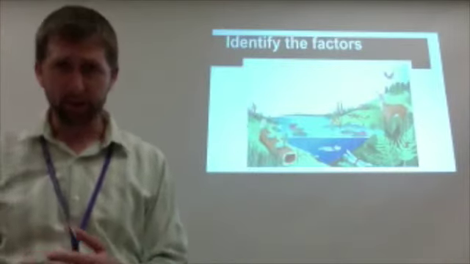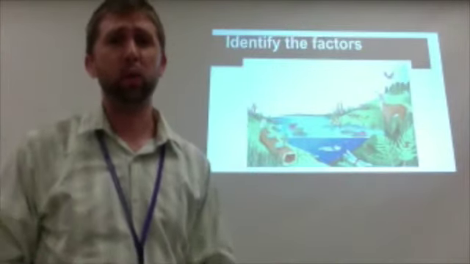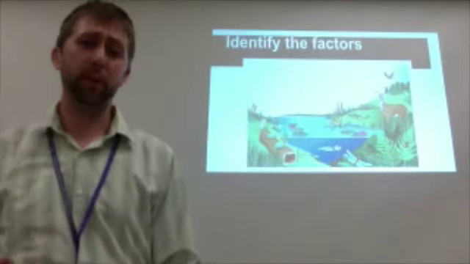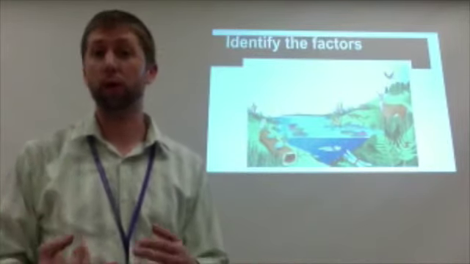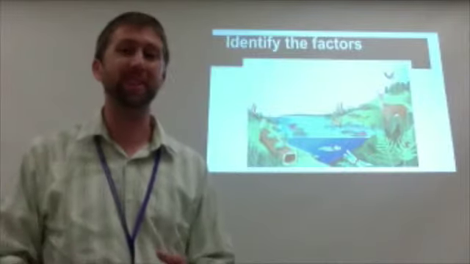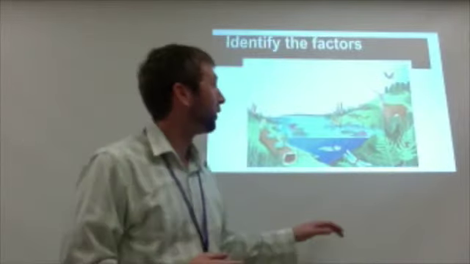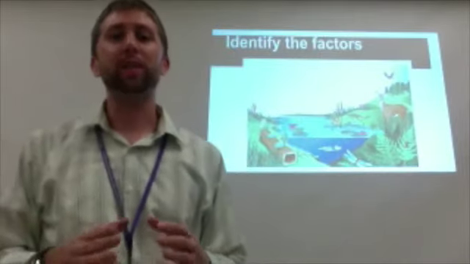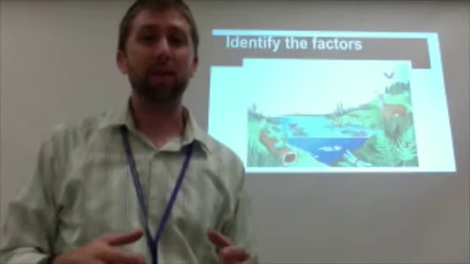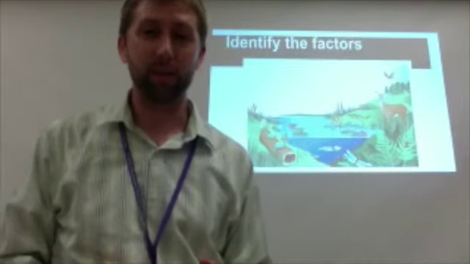If you lost any one of these things, you wouldn't be able to have life. So the four in your notes, water, carbon, nitrogen, and oxygen, are very important, but there are many other things too. If we didn't have energy from the sun, we couldn't have life either. So all of these abiotic factors are necessary to have life on Earth.